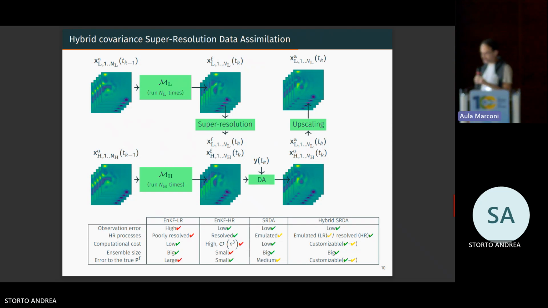In this case, the high resolution processes are emulated for the low resolution and resolved for the high resolution. The computational cost is customizable, and the ensemble size can be large, which results in an error to the true covariance matrix that is also customizable.